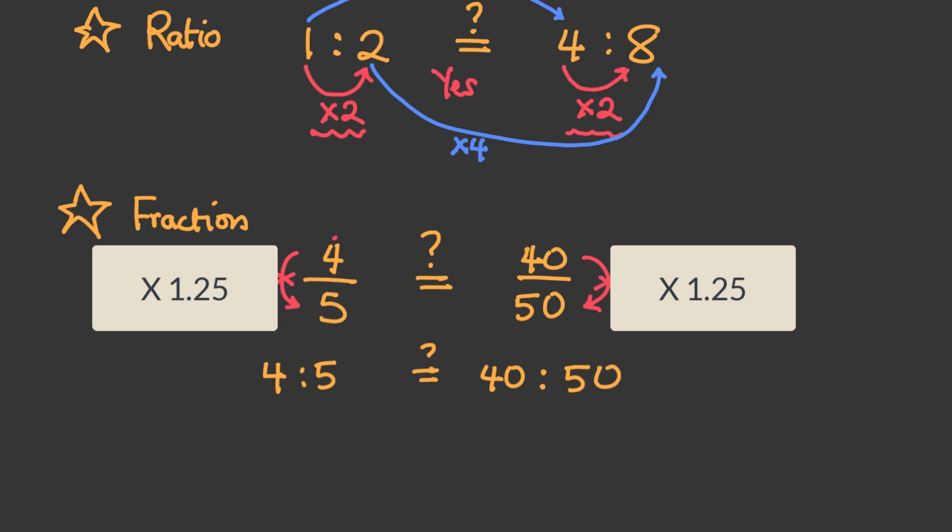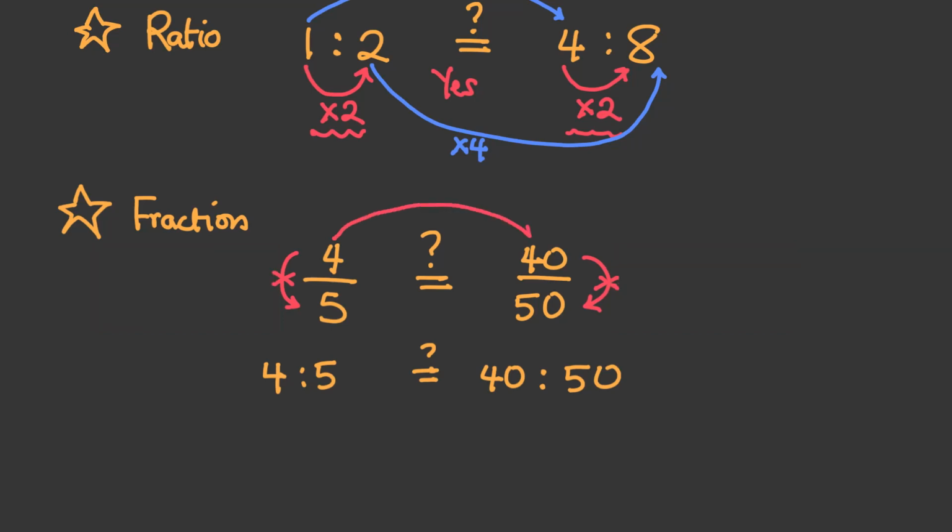However, if we go across, going from 4 to 40, we have a scale factor, which means that we multiply by 10, and we want to see whether this is applicable from 5 to 50. In this case, yes, we multiply our 5 by 10 to get 50. Therefore, because this scale factor is the same as this scale factor here, this is true.